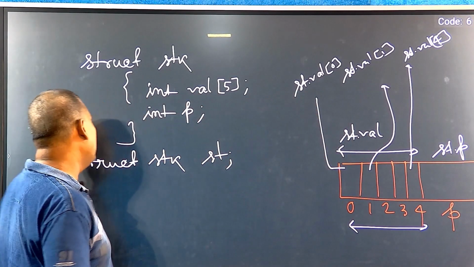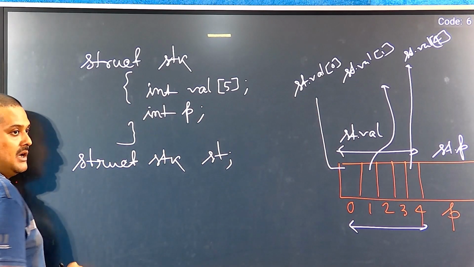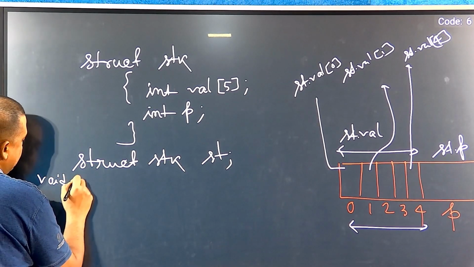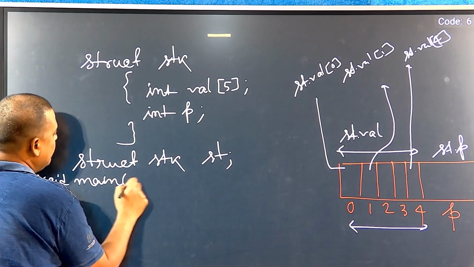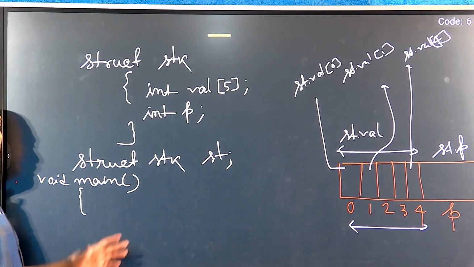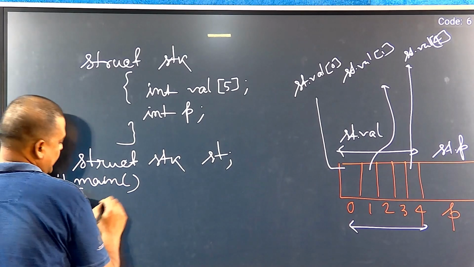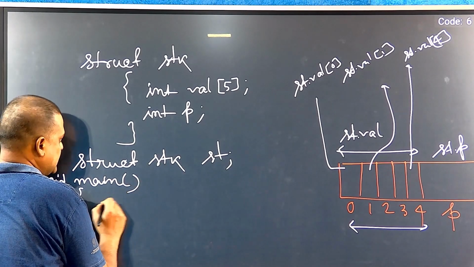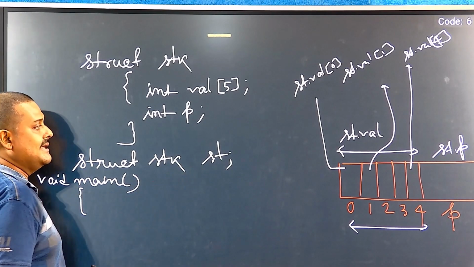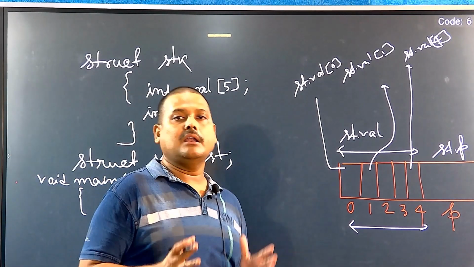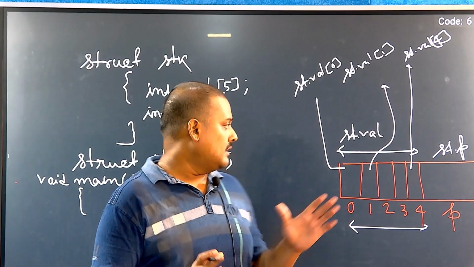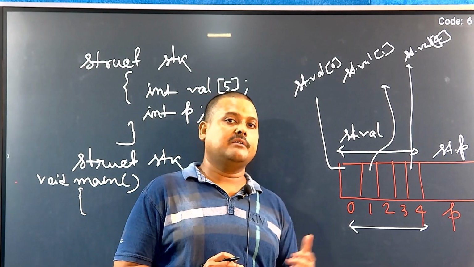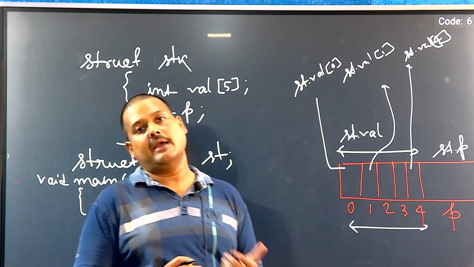Now, what is our goal? We will write our main method, and inside main we will implement all the code. Initially, we will perform a task called initialization. We set the value of P to -1. Why are we assigning -1 to the P variable?